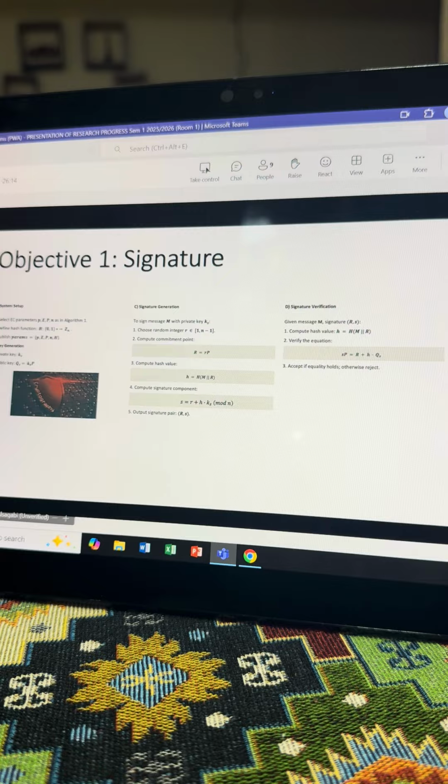The last step is the verification, where the hash is recomputed and a simple elliptic curve equation is checked that relates the signature, the commitment, and the public key. If the equation holds, the signature is valid, which provides authentication and integrity.